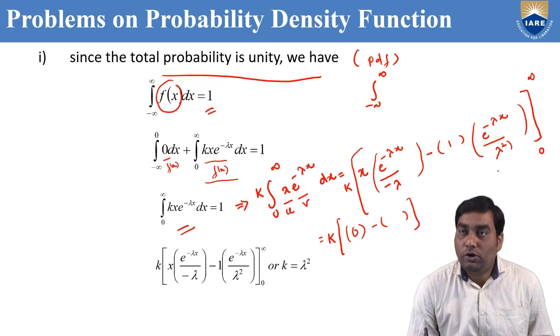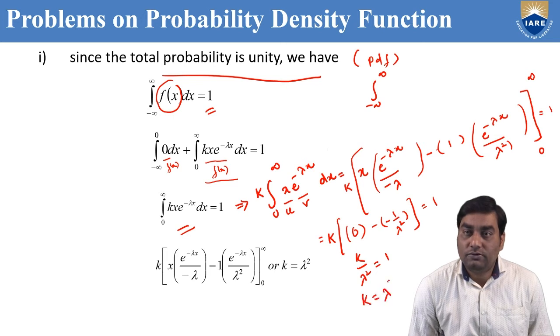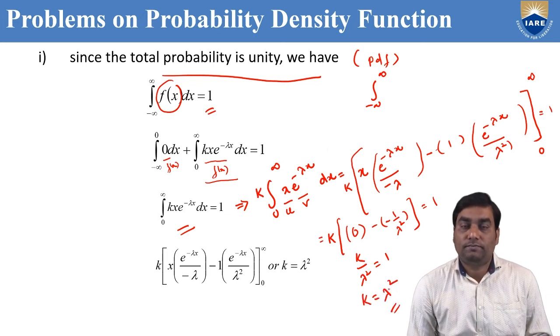Now you apply the lower limit 0 in the place of x. 0 into something is 0, minus e power 0. E power 0 is 1, minus 1 by lambda square, equal to 1. So simplify: k by lambda square equal to 1. That means k equals lambda square.